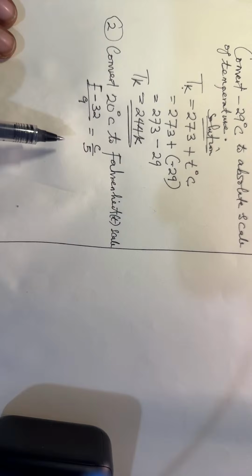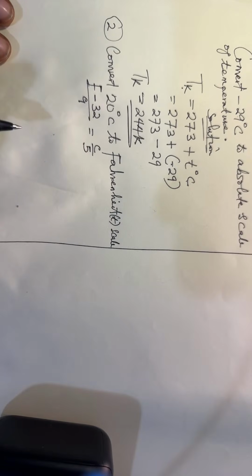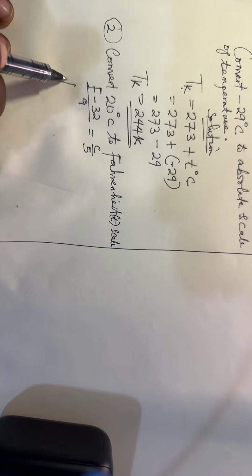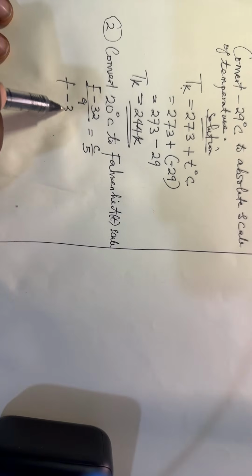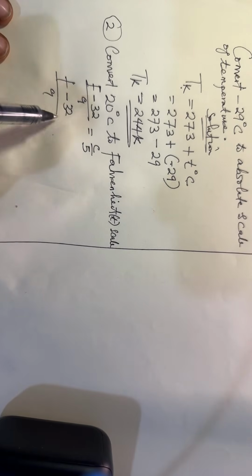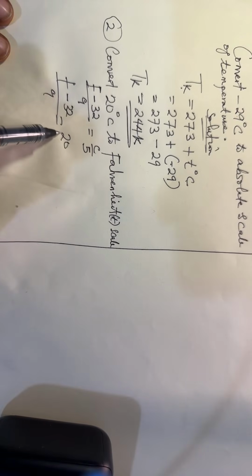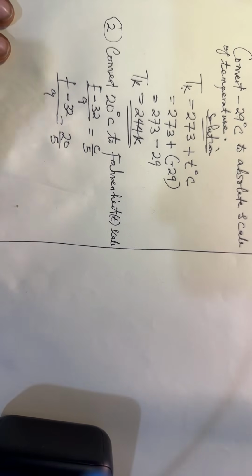All right. That being said, (F minus 32) divided by 9 equals, this C now is 20 divided by 5. So what do we need to do next? It's pretty simple.